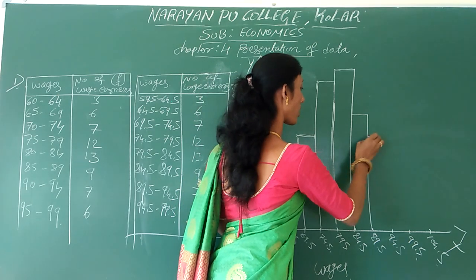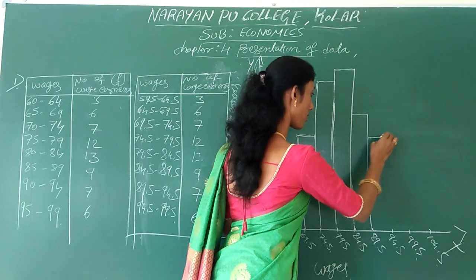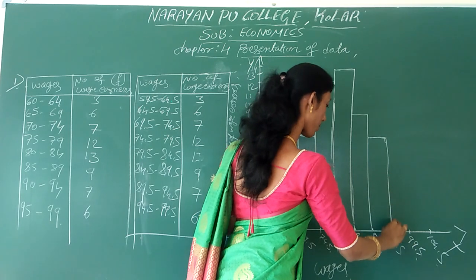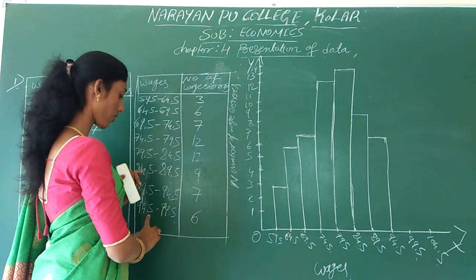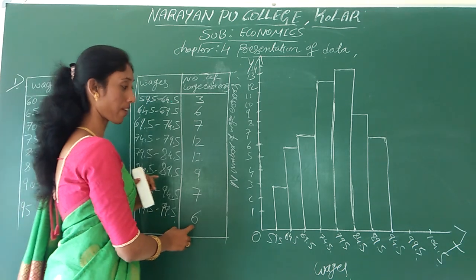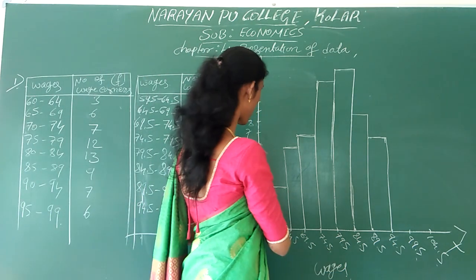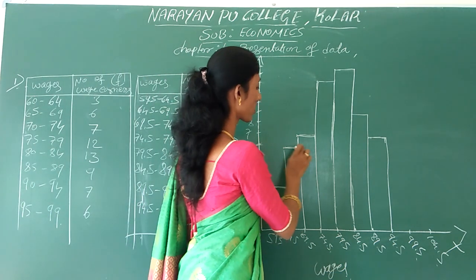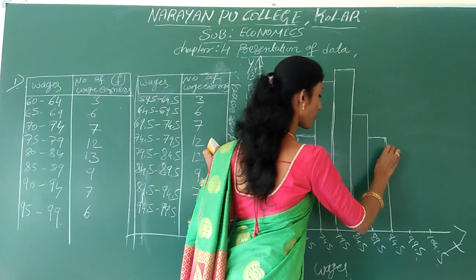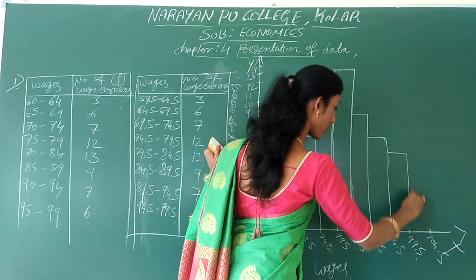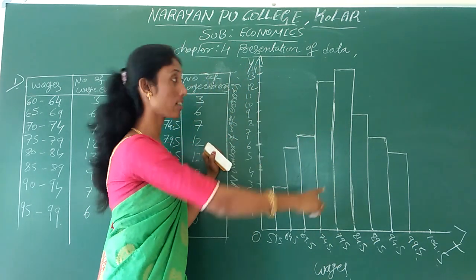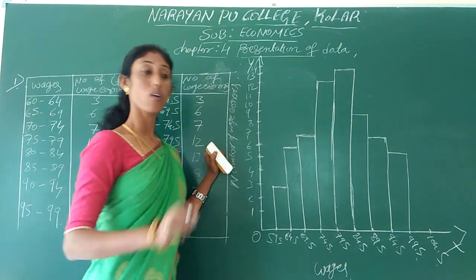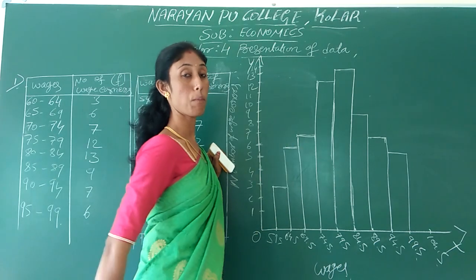Here 7 will appear. Next, from 94.5 to 99.5 is 6 members. This is a set of rectangles. This is what a histogram is.